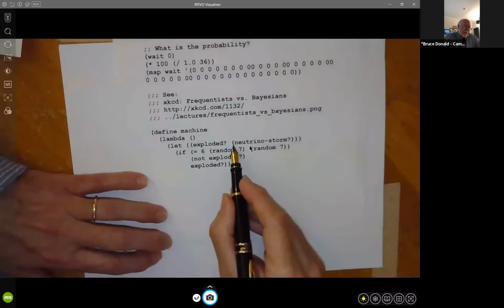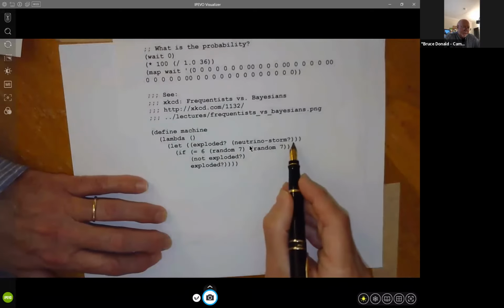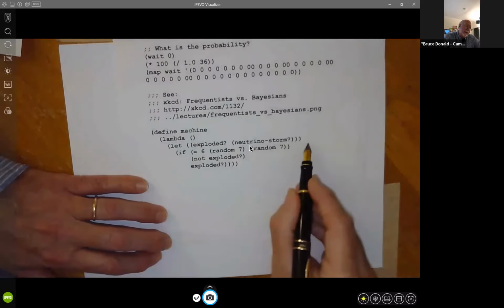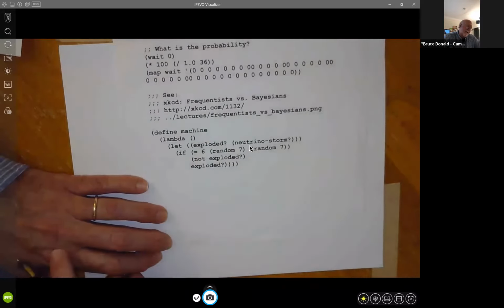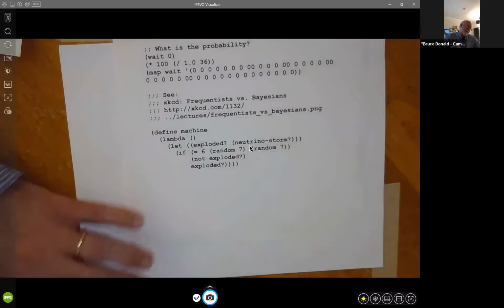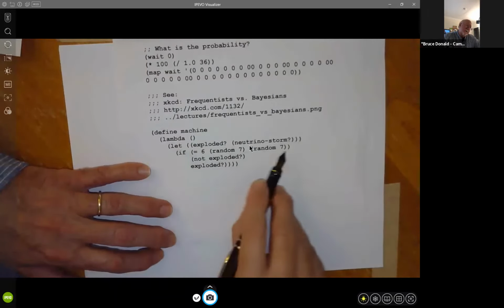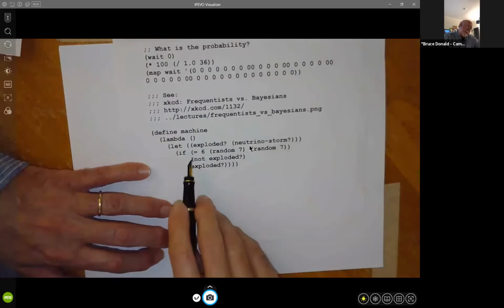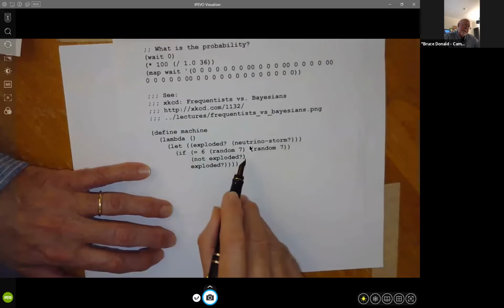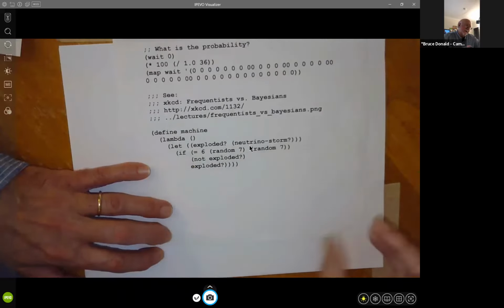So we have a function here, we don't know what it does, called neutrino storm. And basically we call that, we get a Boolean back and load that into our variable exploded. Then, as described in our cartoon, having measured that variable, we then roll 2 dice, like this. And if the dice come up double 6, we lie. We give the opposite of it, otherwise we tell the truth.